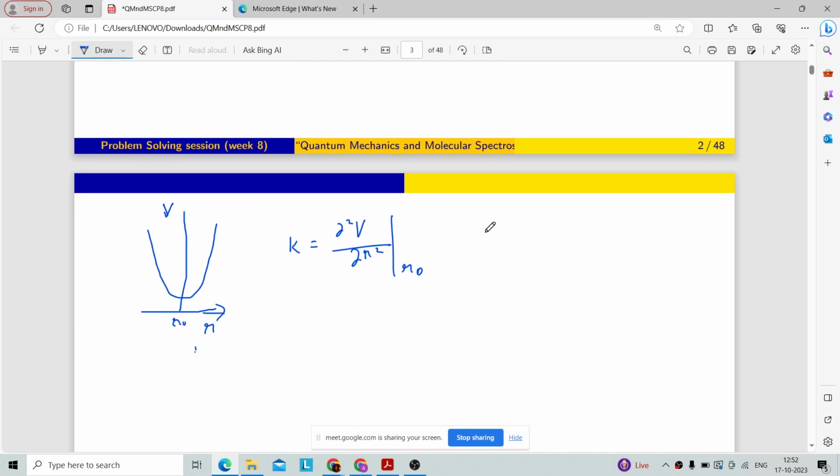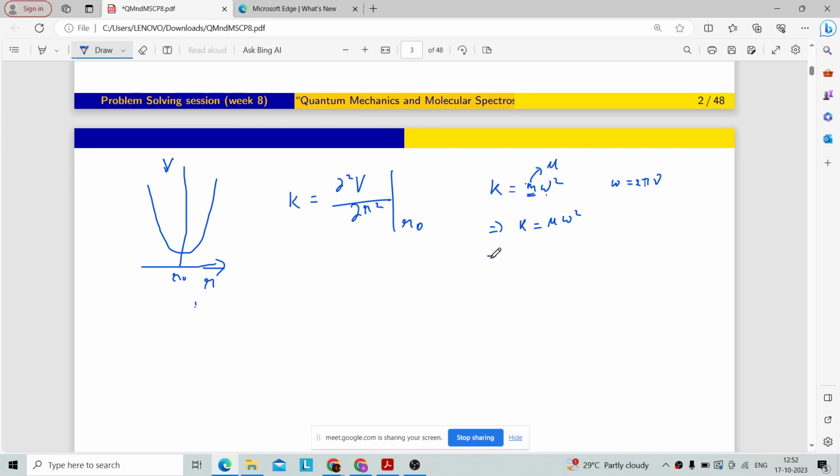Second point is the vibrational frequency is directly proportional to the force constant and inversely proportional to the reduced mass. Okay, let's see. We know the force constant is m omega square, where m is the mass of the particle and omega is the angular frequency. I can write omega as 2 pi nu. For our system, m will be replaced by reduced mass, so k will be mu omega square.